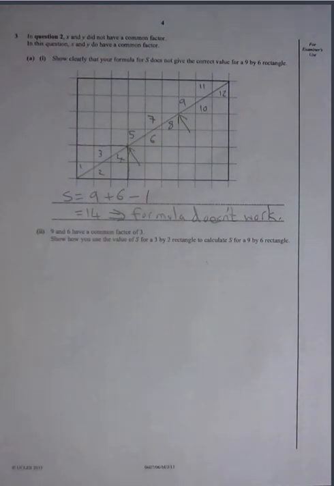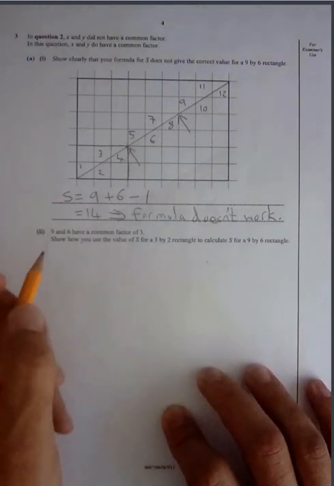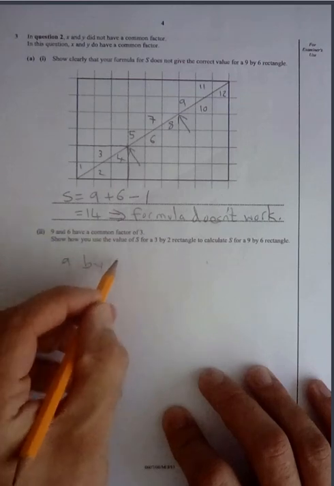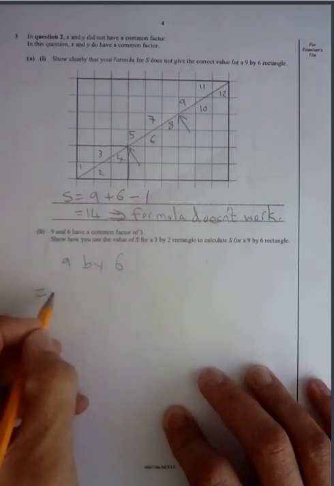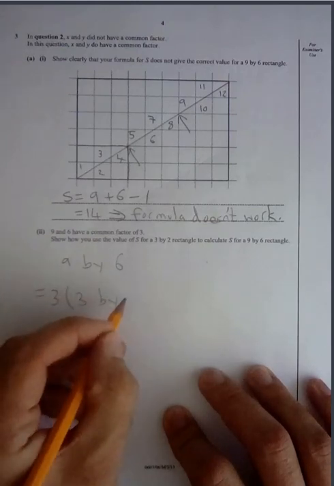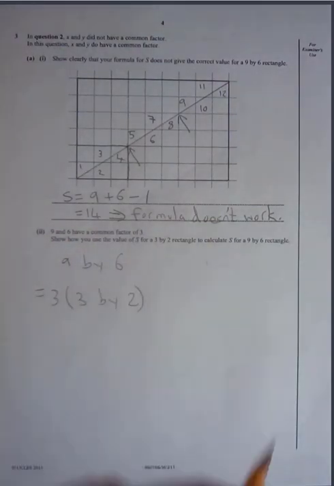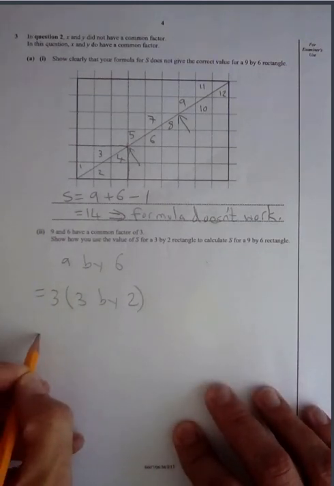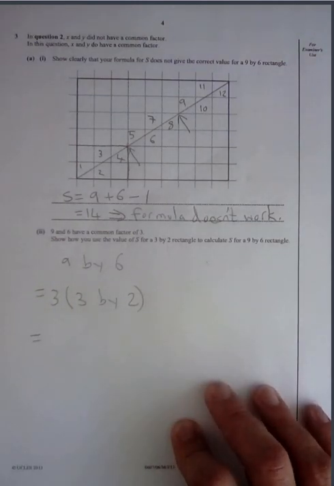So what that means is, if you have a 9 by 6 rectangle, well, that is 3 times a 3 by 2. And 3 by 2 we have drawn, so S for 3 by 2 is going to be 3 plus 2 minus 1.